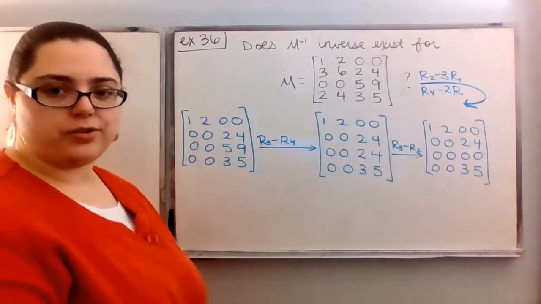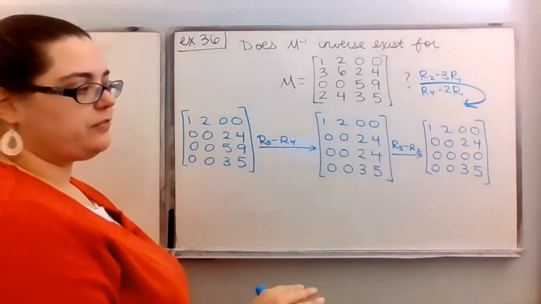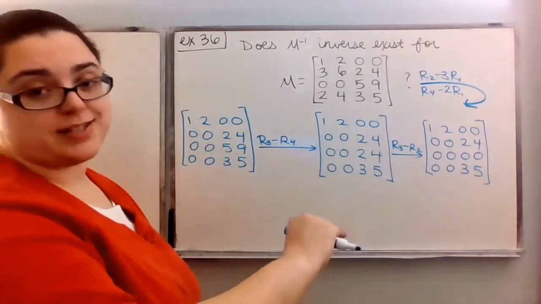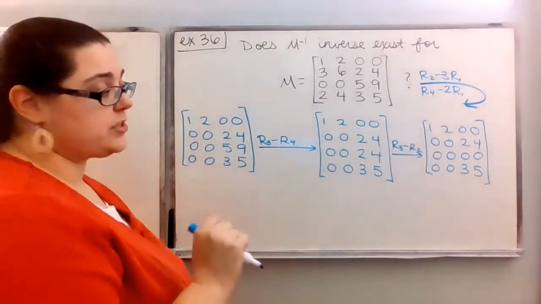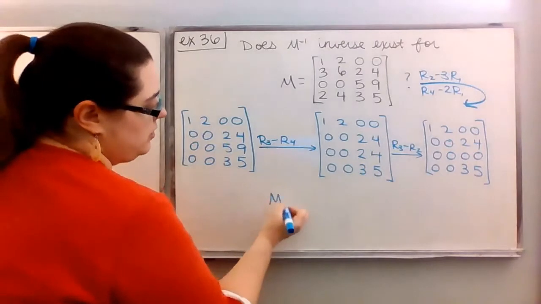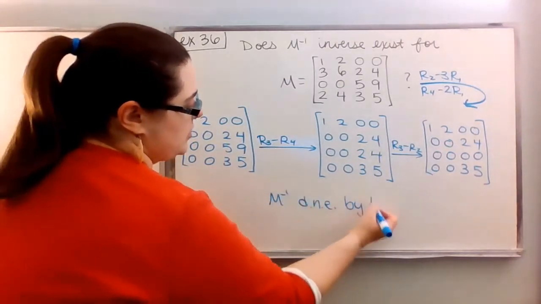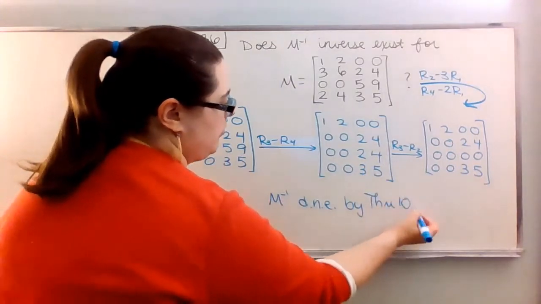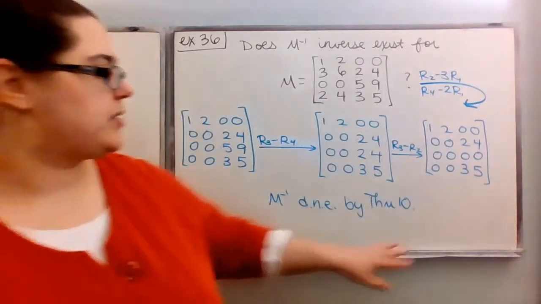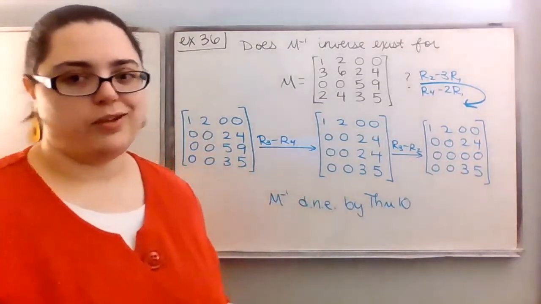So then we could continue row reducing till we're in row echelon form. But once you get a row of zeros, that's a death knell for an invertible matrix. So M inverse does not exist. And I'm just going to say by theorem 10. So theorem 10 says if we end up with a row of zeros, no inverse.